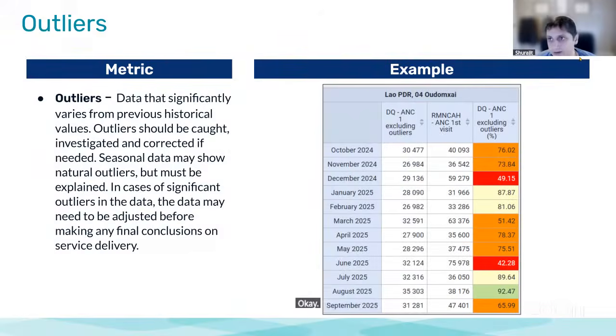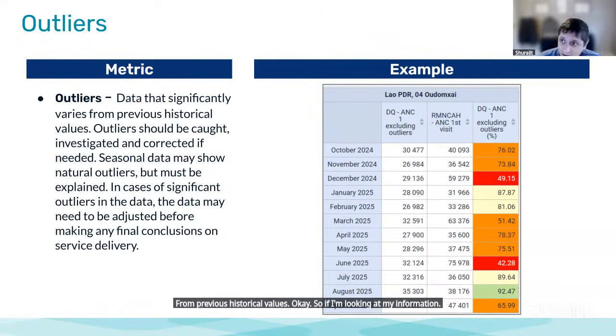Okay, so outliers is another way we can look at challenges with our data. What an outlier is, is data that is significantly different from previous historical values. If I'm looking at my information and comparing it to previous data that I've entered, or that's in my system, then there should not be a significant difference between the two.